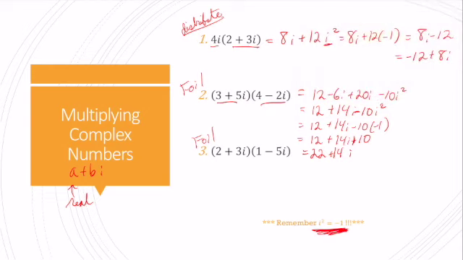I'm going to do this next example in a different color, so we have a better clarification of where this problem stopped. So I'm going to FOIL this. First, outer, inner, last. That leaves me with 2 minus 10i plus 3i minus 15i squared. Let me erase that for clarification.